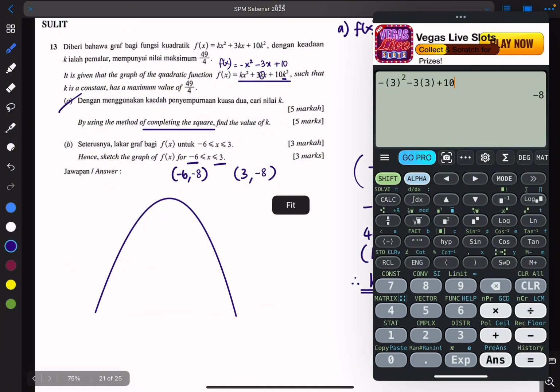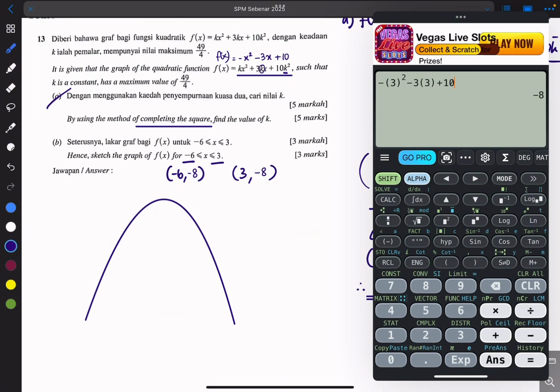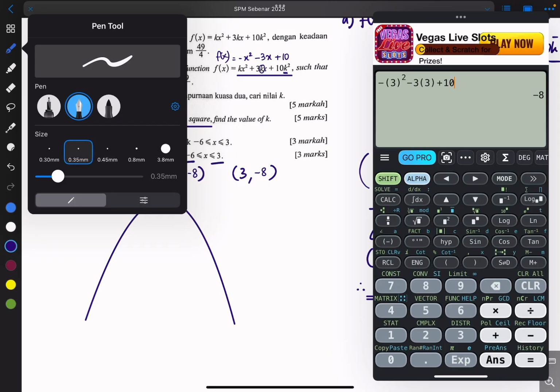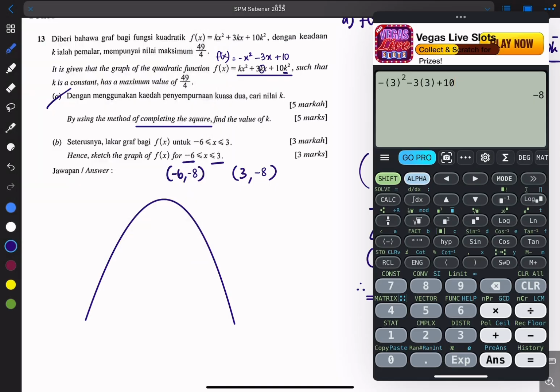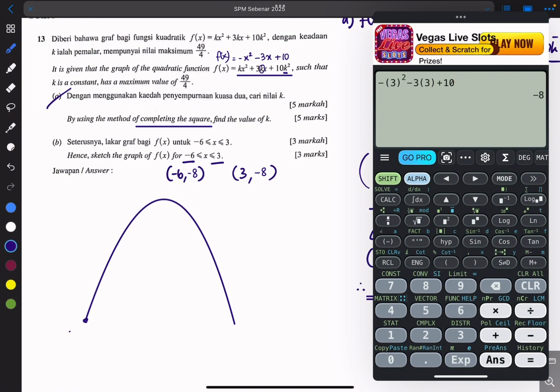So these are the coordinates of our starting and ending points. This point is negative 6, negative 8, and this point is 3, negative 8.